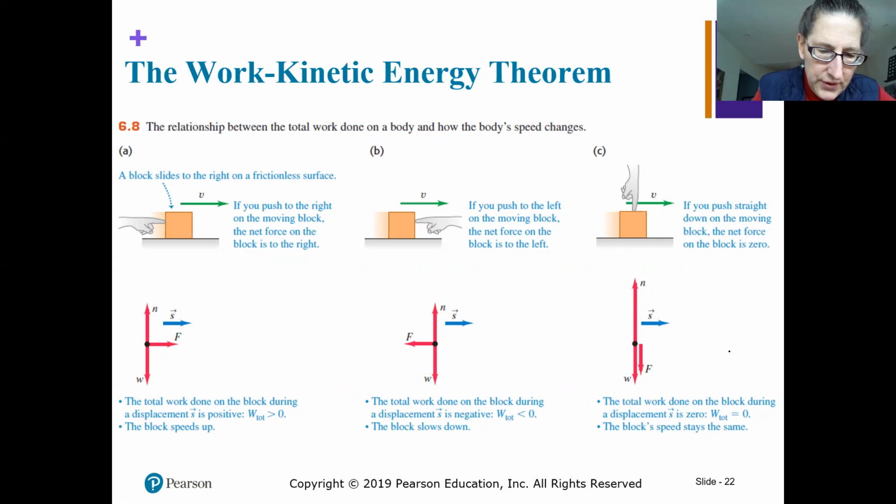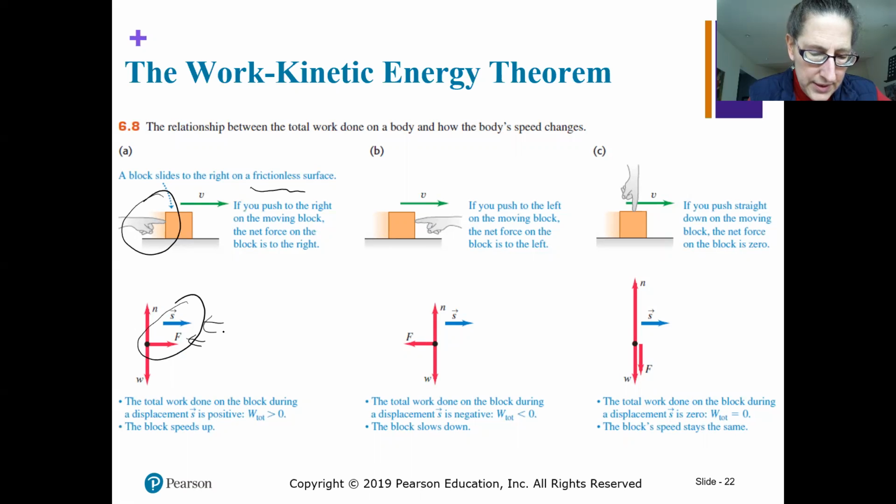So this just goes through the positive, negative aspect of work and whether or not something will speed up. And so there's no friction. That's very important that we're talking about no friction. And so the only force doing work here is somebody pushing on the block. If you push to the right, so there's the force of you pushing here, there's its displacement, that's positive work, the object will speed up.